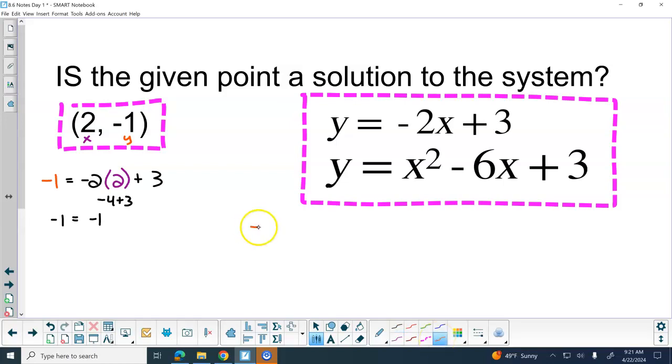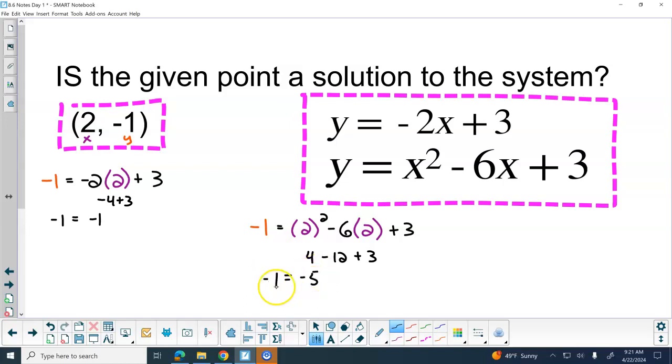So then we get negative 1 equals 2 squared minus 6 times 2 plus 3. 2 squared is 4. 6 times 2 is 12, so that's minus 12 plus 3. 4 minus 12 is negative 8. Negative 8 plus 3 is negative 5.